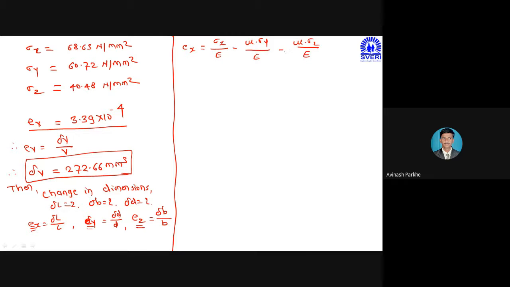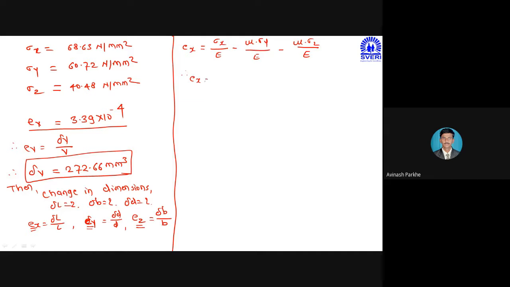Why this minus? Because the force is applied in X direction, therefore the strains developed in Y direction and Z direction are lateral, therefore multiplied by mu, and the dimensions in the Y and Z directions go on decreasing, therefore it is minus.